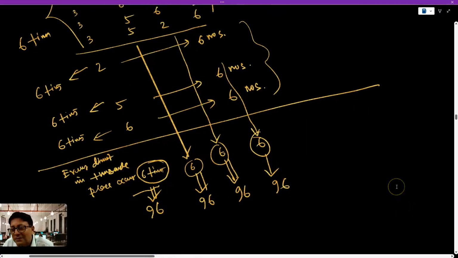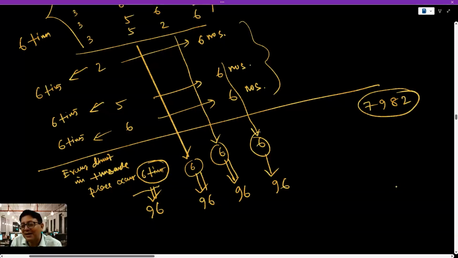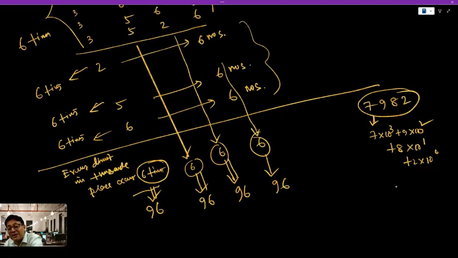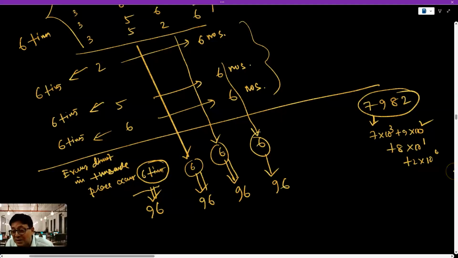What is the sum? It can be understood if you understand 7982. 7 is where? 1000 place. Then 9 at the next place. In the scale of 10, 7982 actually is 7 into 10 cube, 9 into 10 square, 8 into 10 and 2 into 10 to the power 0.